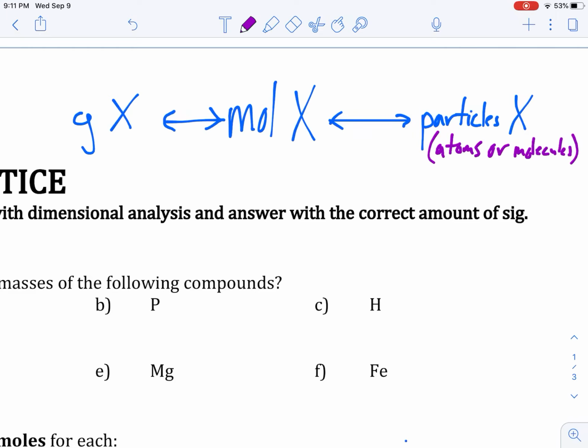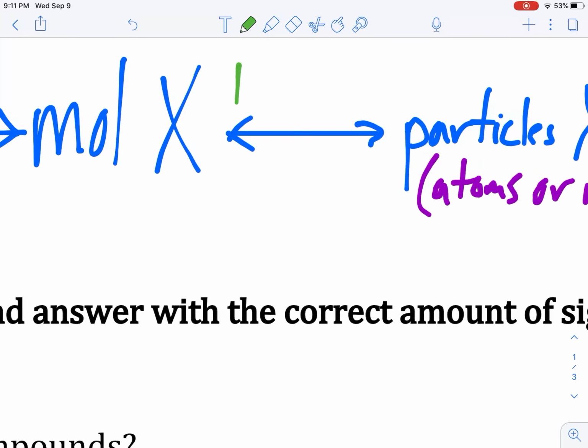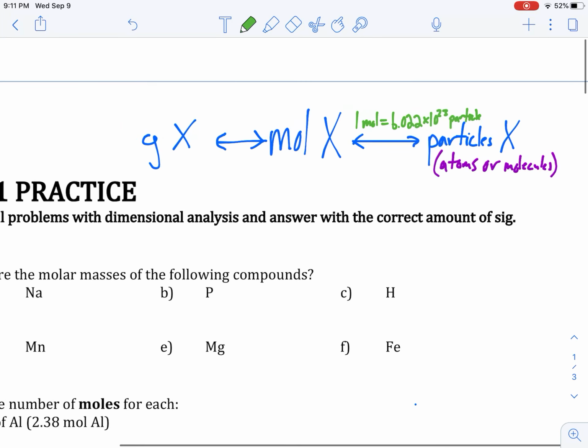Now, to convert from moles of X to particles, we need Avogadro's number. So I'll just write above this, since we're doing it for the first time, as a reminder that 1 mole equals 6.022 times 10 to the 23 particles. And that's regardless of what element it is.